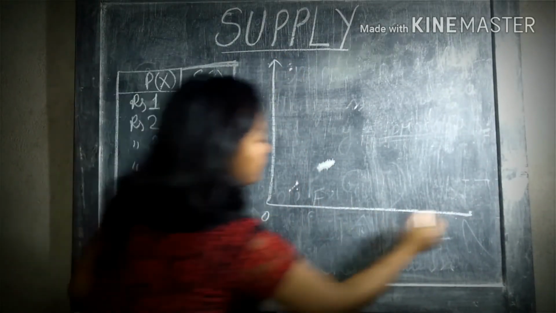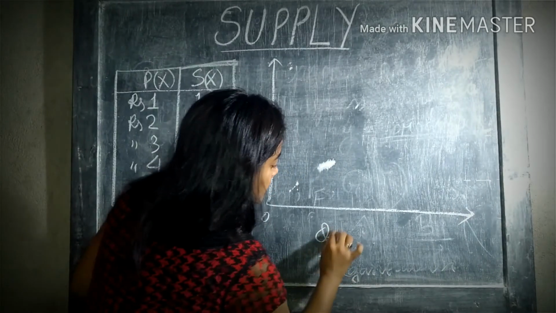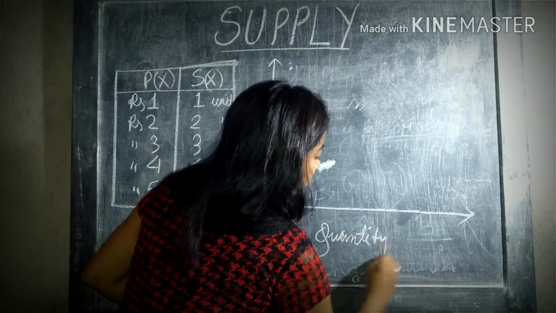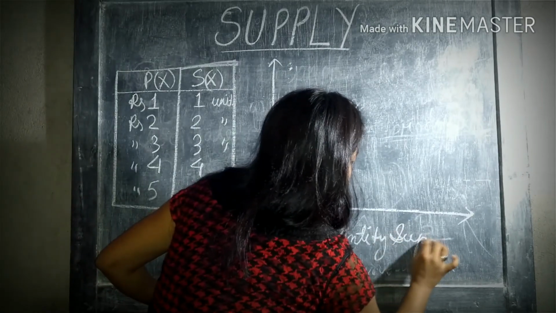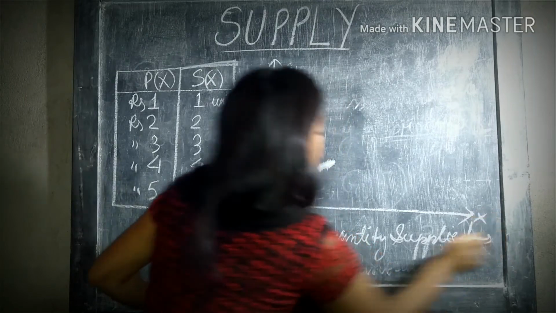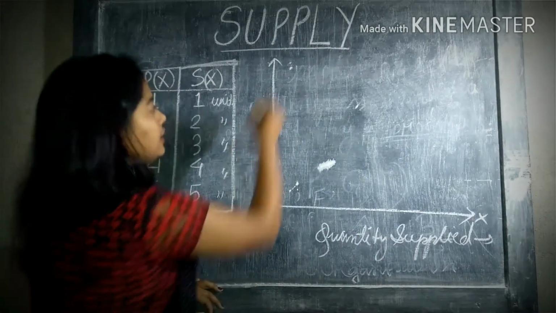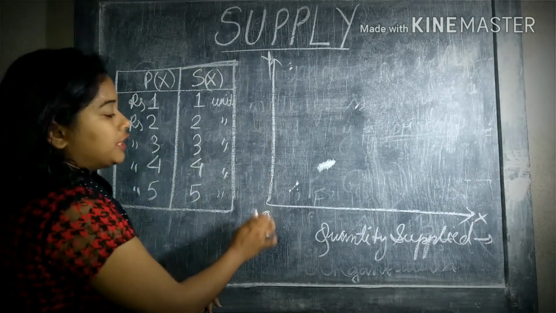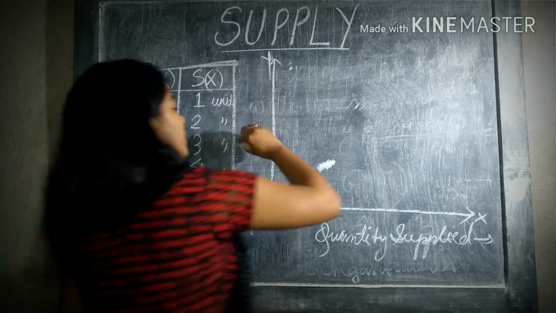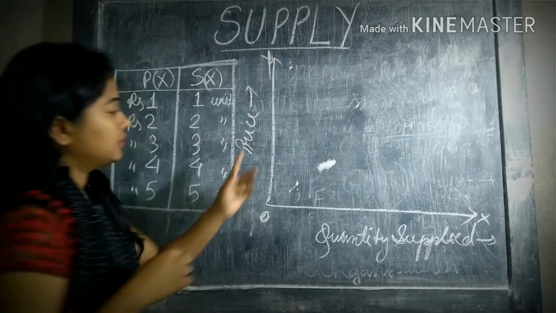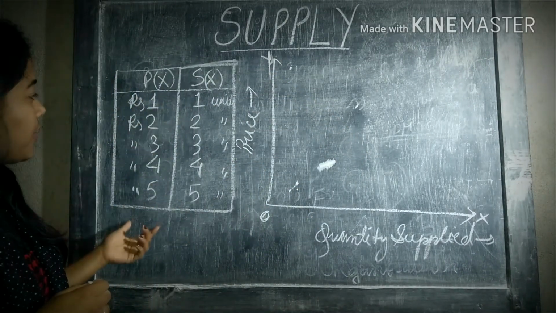Okay, so here we measure the quantity supplied. The quantity supplied by the producer will be measured on the x-axis, the horizontal axis, and on the y-axis, the vertical axis, we will measure the price of the commodity X. Okay, so what are the prices of the commodity?